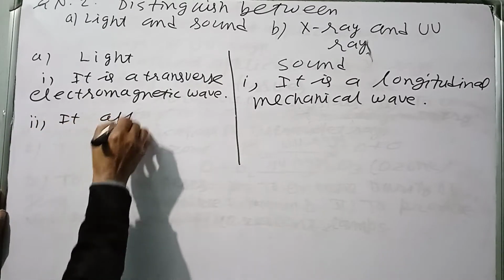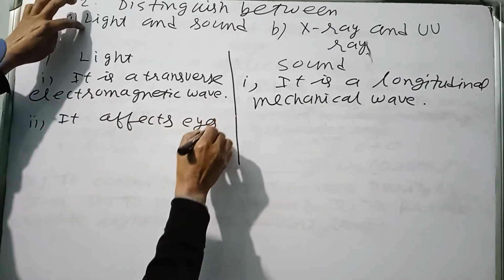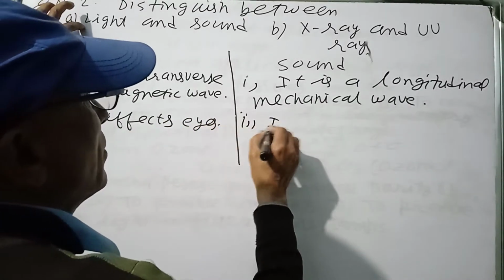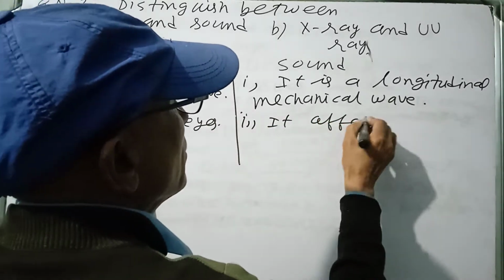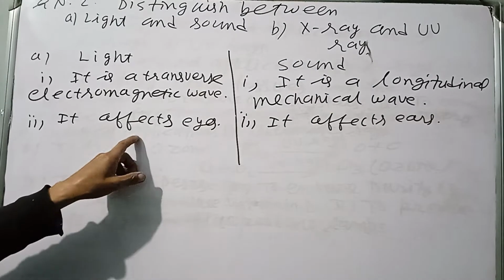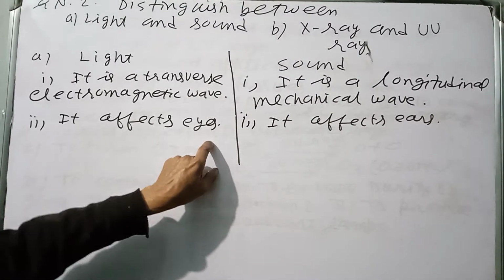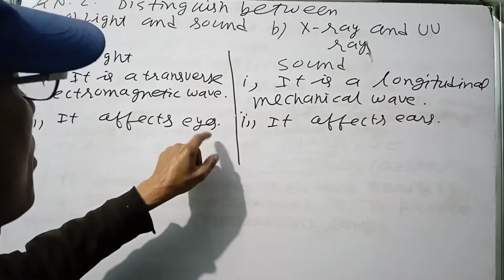Light affects eyes, sound affects ears. It affects eyes means it produces the sensation of vision.